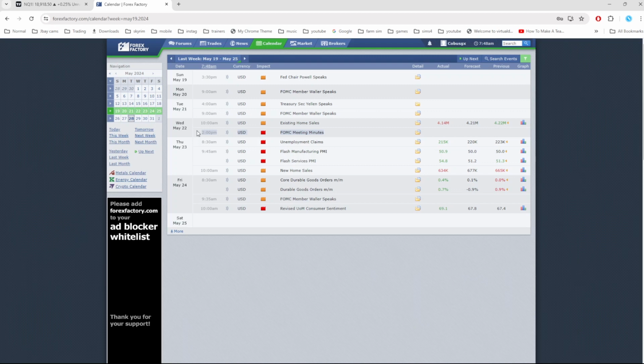ICT explains this as well, and he says that we could expect the first move, which is usually like a Judas swing at 2 o'clock, and at 2:30 we can expect the second stage of the distribution, which would most likely be the real direction that they intend to take price in. So last week, if you were trading, you were going to look at trading after the FOMC minutes.